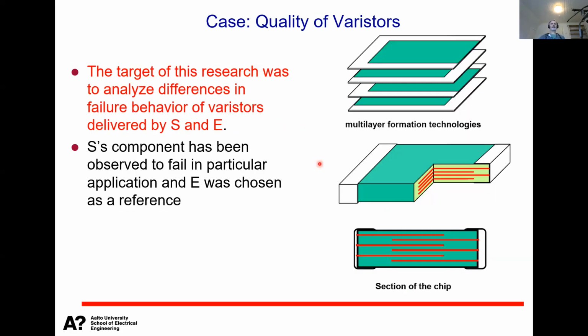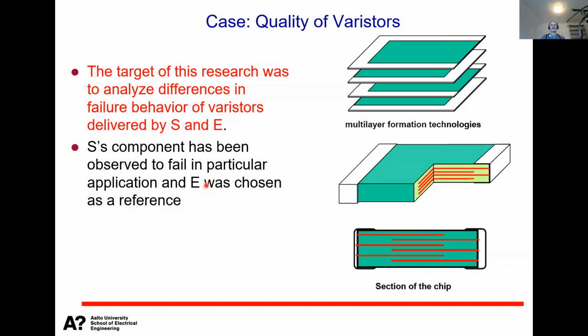Now the case behind this was that there was this one Finnish telecom company, not the big one, a smaller one which does not exist anymore. They manufactured motherboards or printed circuit boards for telecom applications, and they had used a certain type of varistor to protect the circuitry.